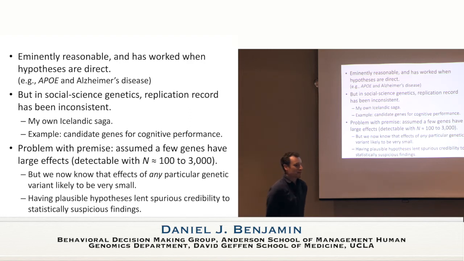So if you think not just about that single hypothesis in isolation, but the whole set of hypotheses that you could have formulated, then the effect size you should expect from that particular pathway would have to be pretty small.